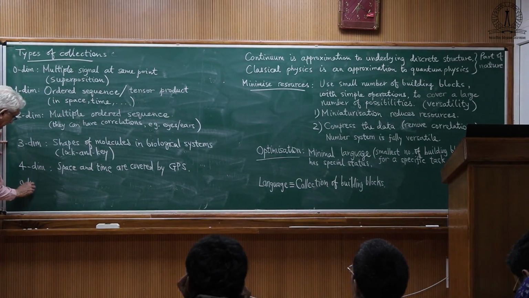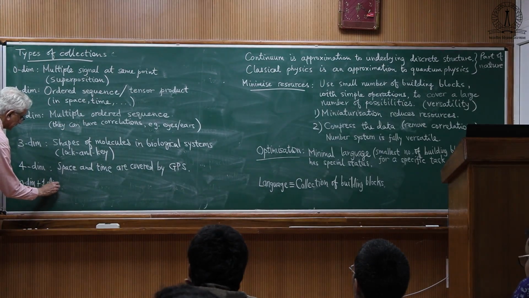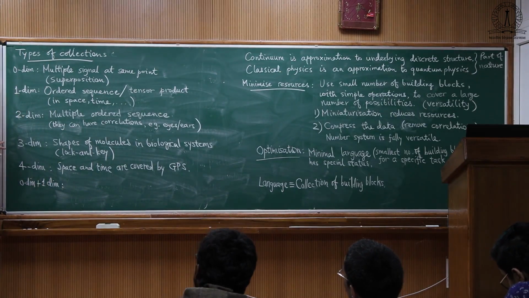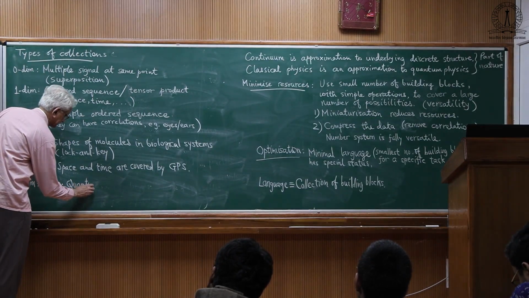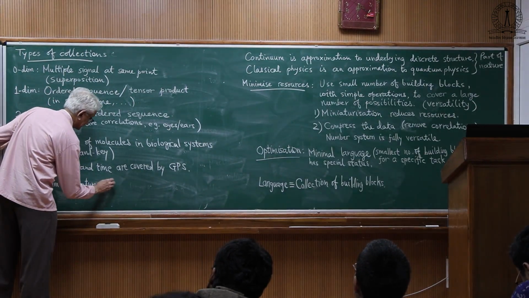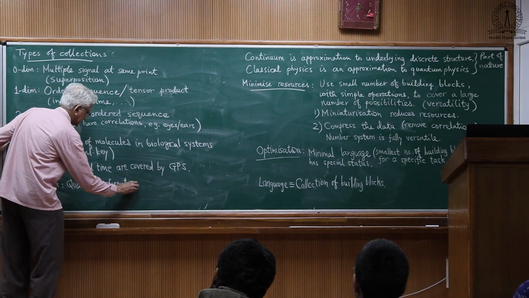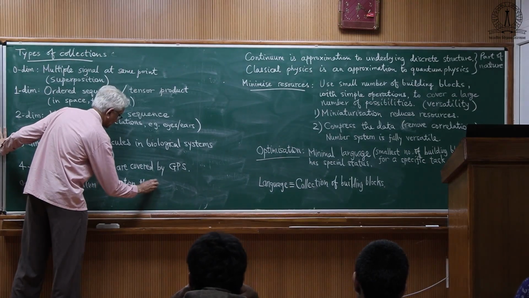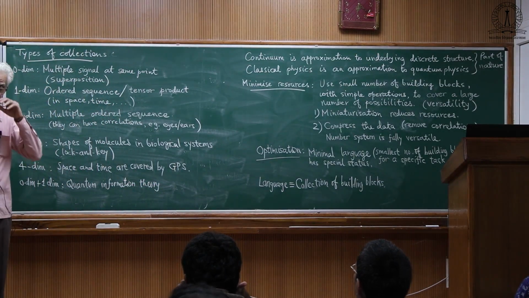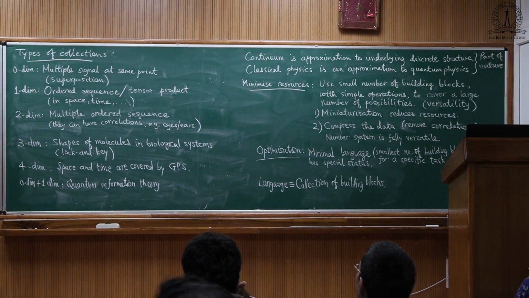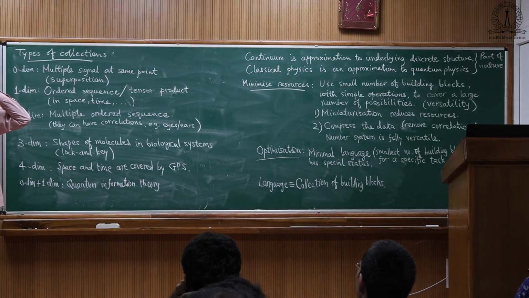So a combination of 0 dimension and 1 dimension is covered by all the quantum information theory, which we are going to deal with in some form or the other. It will have both superposition as well as the tensor product structure.